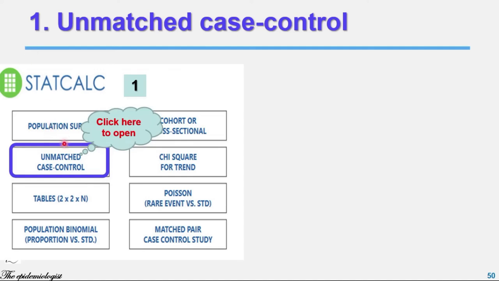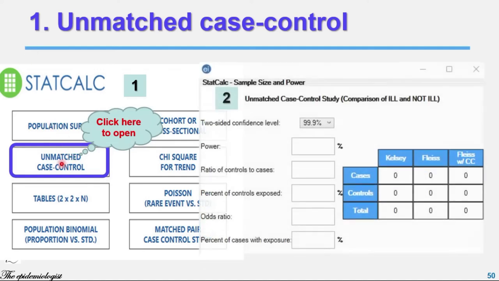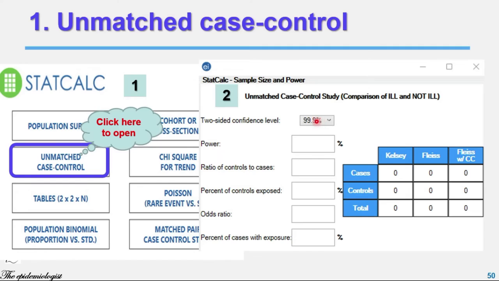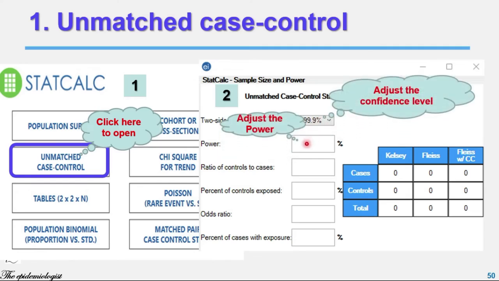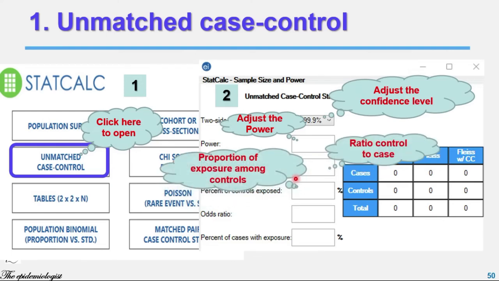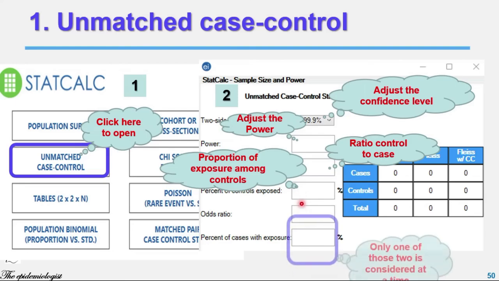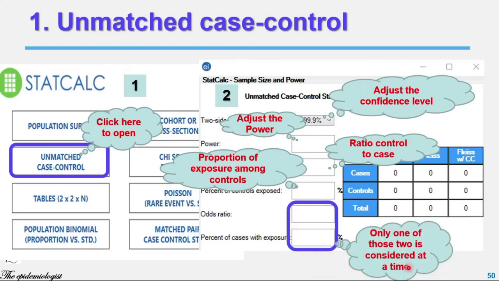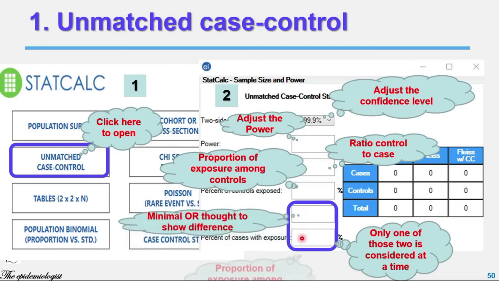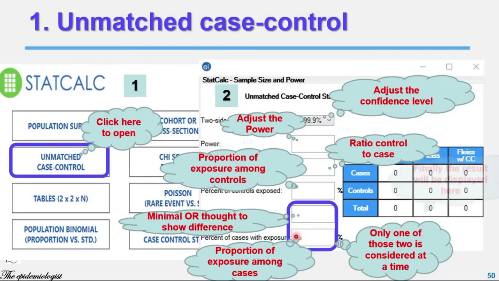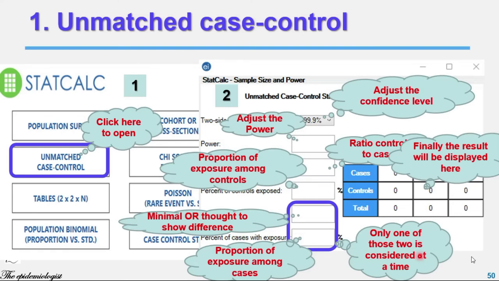When we click the unmatched case control, we find points we have to put in. First, we must adjust the confidence level to 95%, the power to 80%, the ratio between control and cases, and the proportion of exposure among people free of the disease. Then we have one option to add, the effect size, either the minimal proportion of the exposure among cases, or the minimal odds ratio to show a minute difference. Finally, we can see the sample size for cases and controls based on the two authors Fleiss and Kelsey, and the corrected Fleiss.